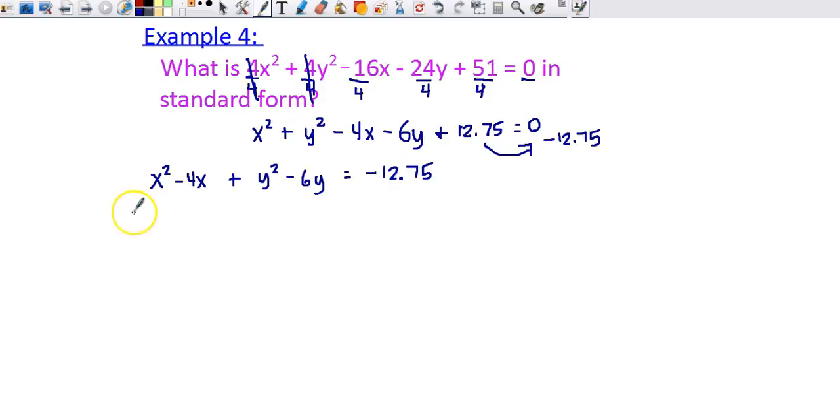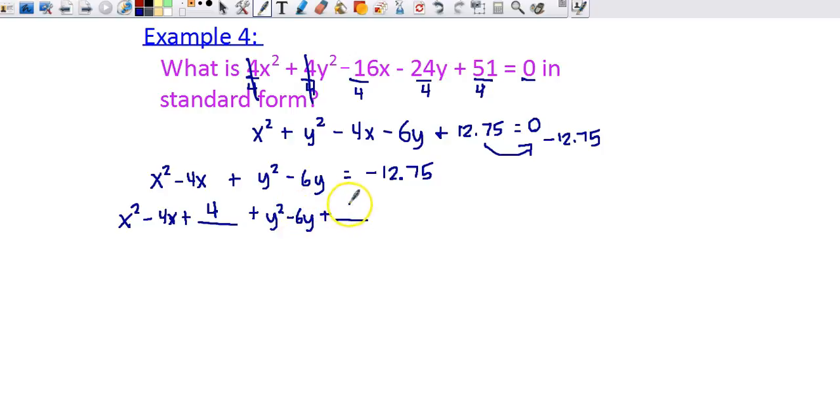All right, leave your blanks. So x squared minus 4x plus 4 divided by 2 squared, 2 squared, 4. Y squared minus 6y plus 6 divided by 2 squared. Don't worry about the negatives. When you're adding them, it's going to be positive.